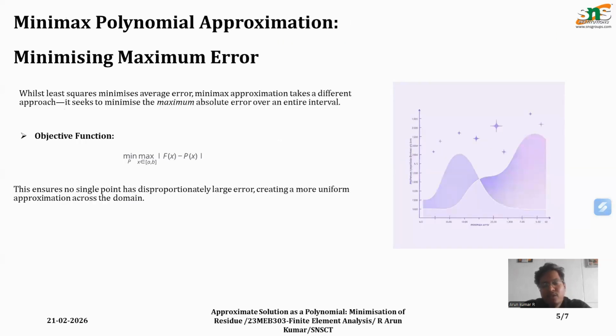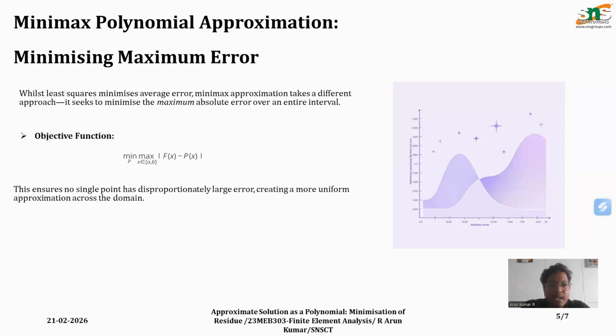What is minimax polynomial approximation, which minimizes the maximum error? While least square minimizes the average error, minimax takes a different approach. It seeks to minimize the maximum error over the entire interval.